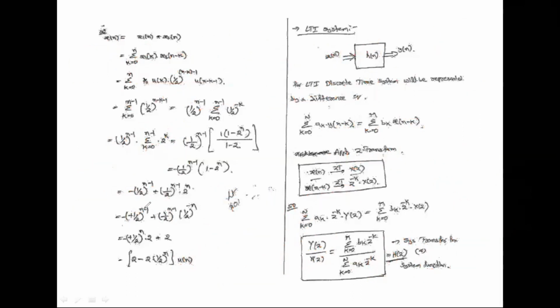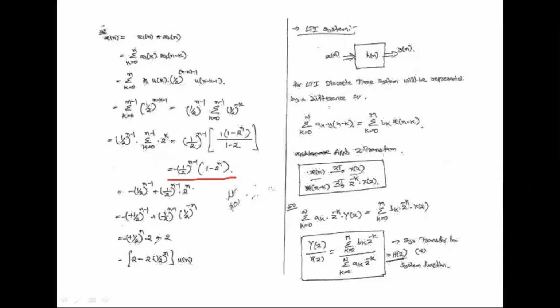Now if I take power n minus 1 and take this minus, you can multiply 2 power n minus 1. What is the final answer? We got 1 by 2 whole power n minus 1, 1 minus 2 power n.